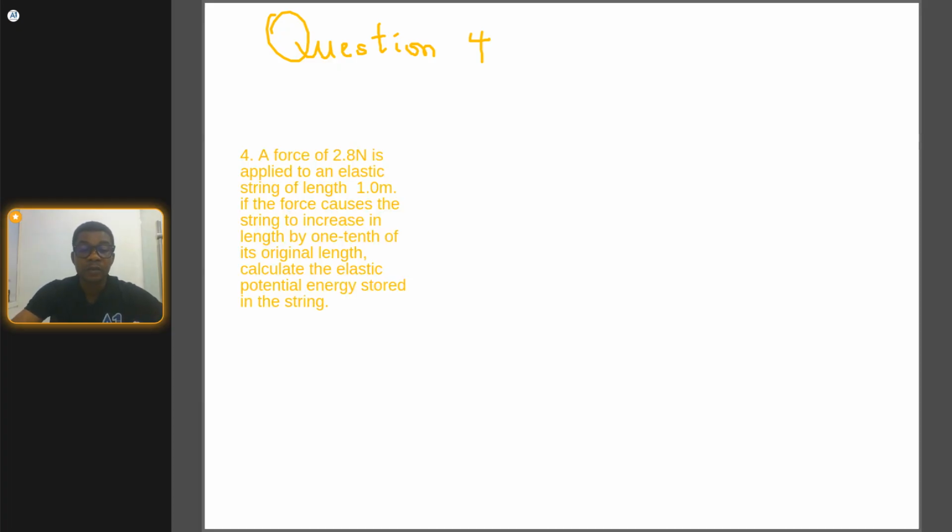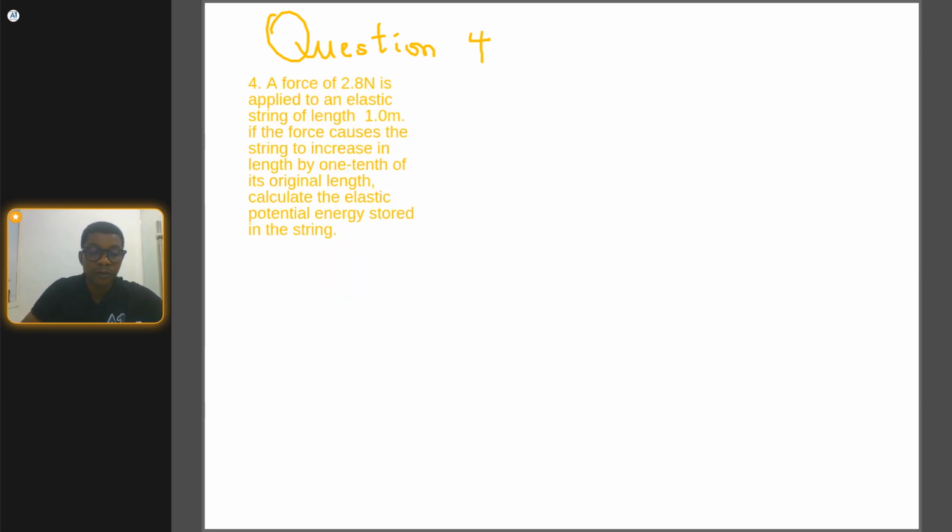We have this question. Question number 4: a force of 2.8 Newton is applied to an elastic string of length 1 meter.